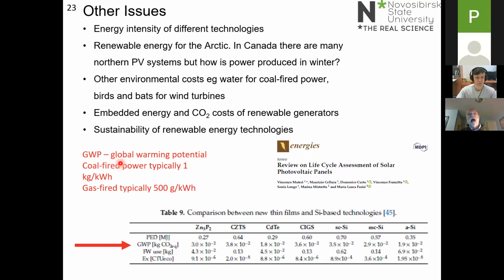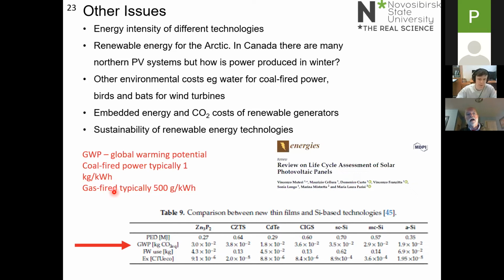In other words, how much carbon dioxide do you produce in producing, say, 1 kilowatt hour of electricity? If you take a coal-fired power station, then around the world, typically that's 1 kilogram of carbon dioxide per kilowatt hour of electricity. So if you live in a jurisdiction where there's a lot of coal-fired power, then every 6 hours or so that you use your laptop computer, you've generated a kilogram of carbon dioxide.